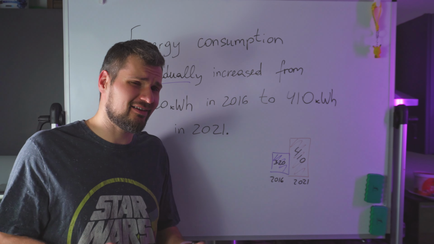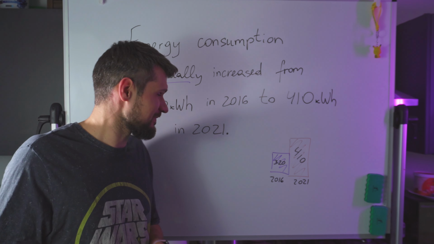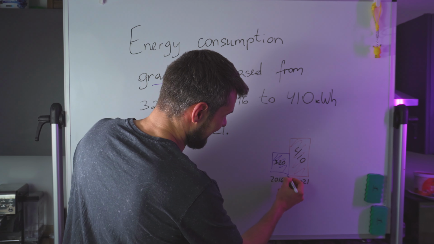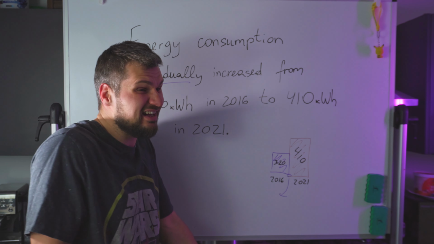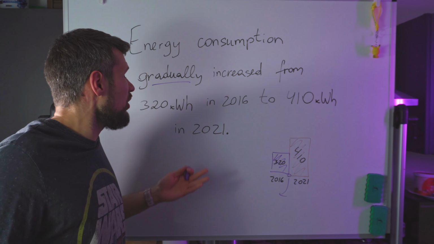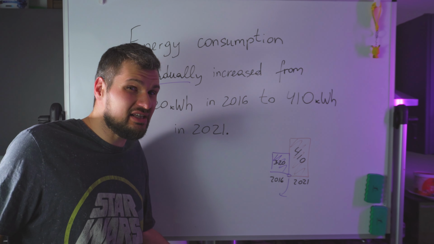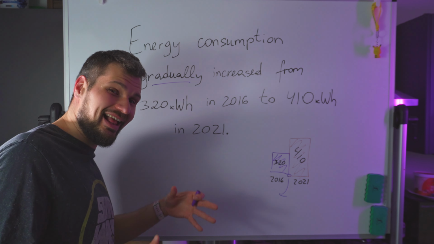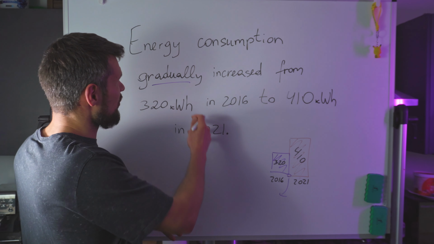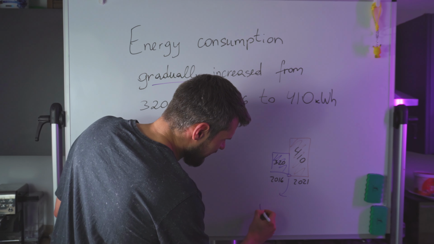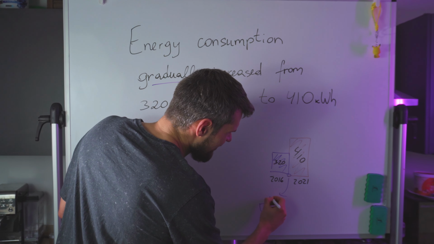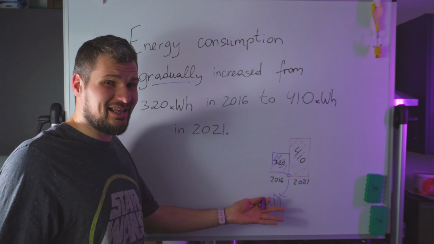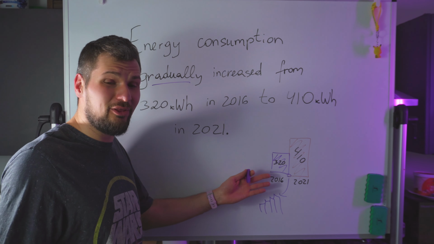But there is a nuance: without intermediate data, we don't know whether that was a gradual increase or a sudden increase. It's exactly the same thing that happened in our previous example. When we say gradually, we mean that it slowly increased, and as we said before, we don't know that.